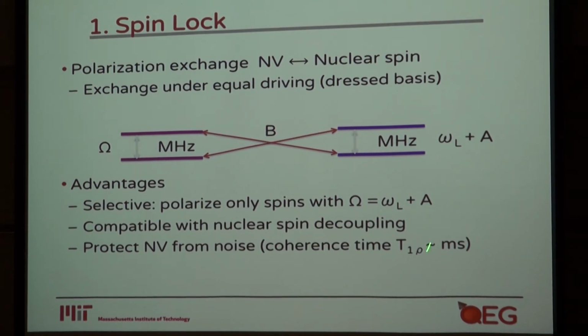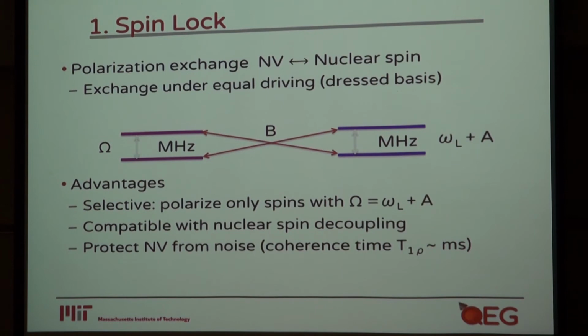I can achieve this in a way which is frequency selective, and is also compatible with the nuclear spin decoupling, while other pulse sequences are a bit more difficult to integrate with nuclear spin decoupling, and also protect the NV from external sources of noise, because basically what I'm doing is a string of pi pulses so close to each other that I now have a continuous driving. So this is another way of achieving long coherence time, on the order of milliseconds.